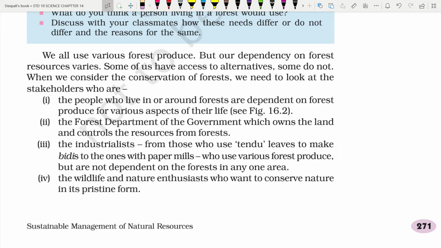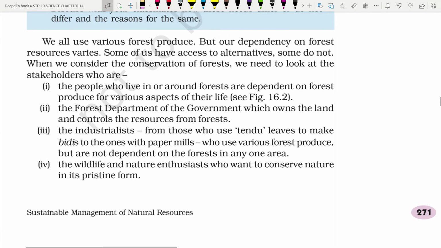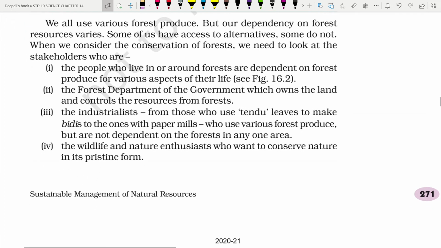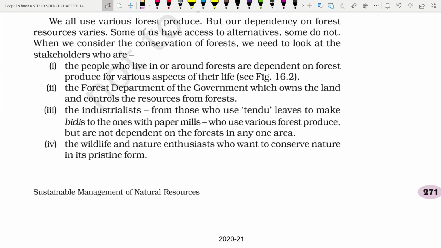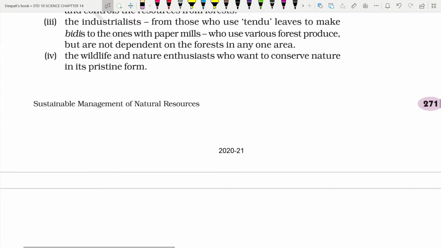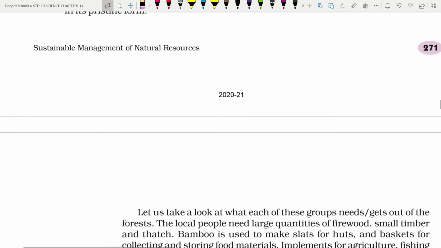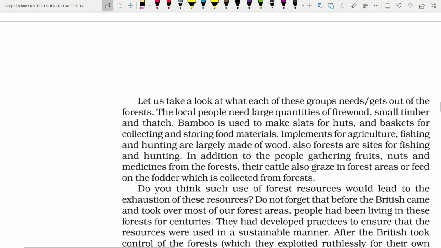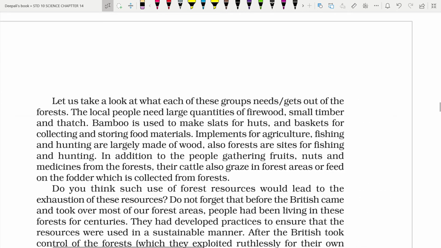The industrialists, from those who use tendu leaves to make beedis to ones with paper mills, who use various forest products but are not dependent on the forest in any one area. The wildlife and the nature enthusiasts who want to conserve nature in its pristine form, original form. These all are stakeholders of the forest.